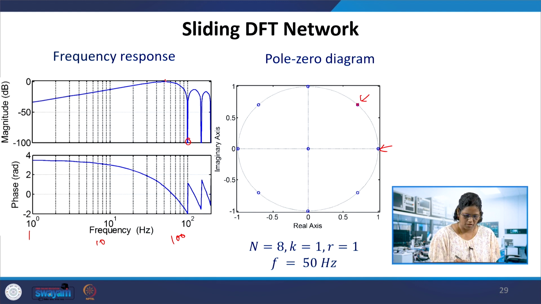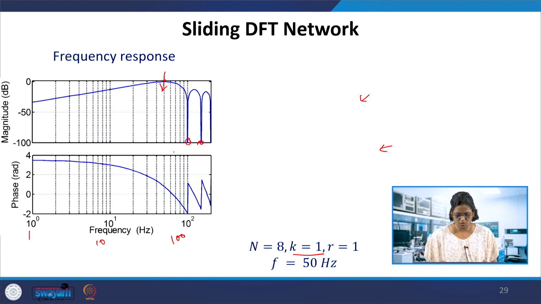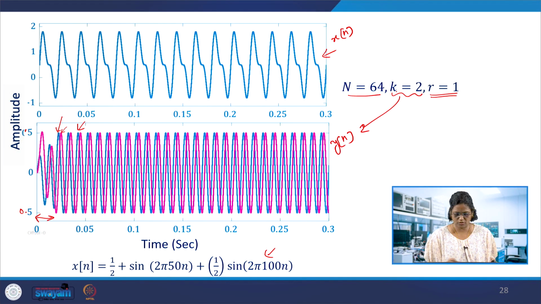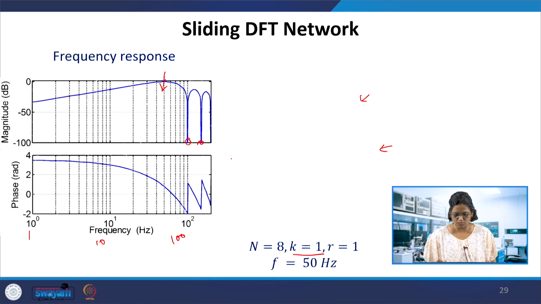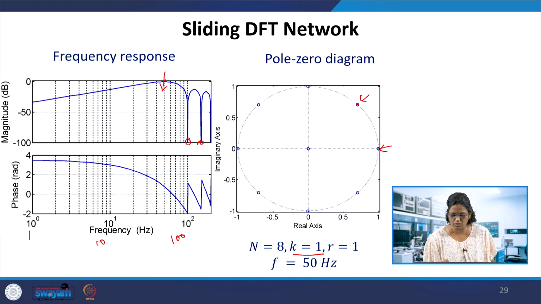So 50 will be passed, 10, 20, 30, 40, 50 here. This is exactly that 50 will be passed, and then the second harmonic, third harmonic, and so on. Because this is the k equal to 1 case, we have chosen k equal to 2 to extract only this. In that case, it would cancel the second zero which is here.